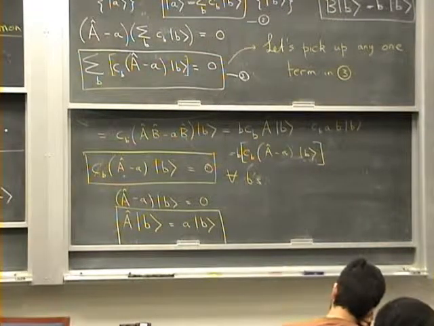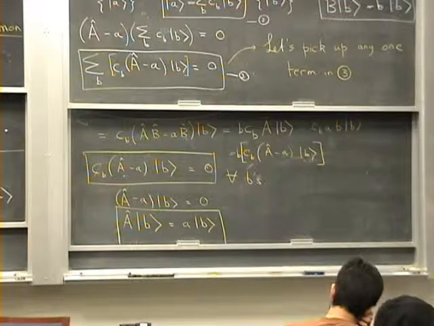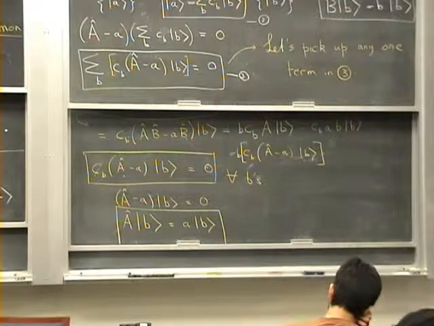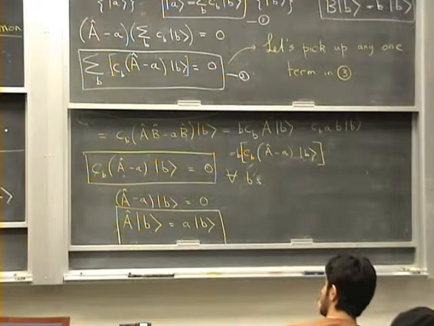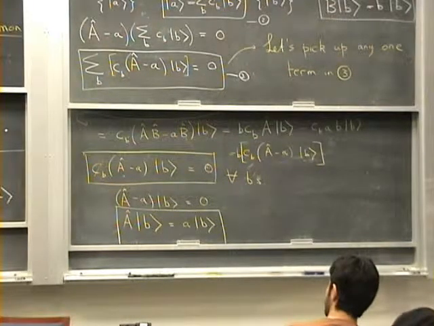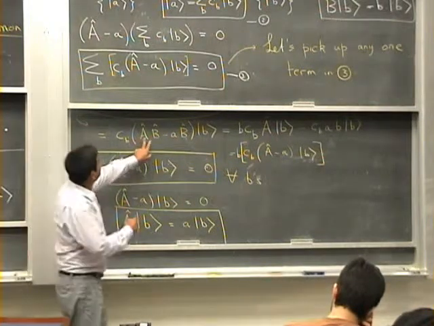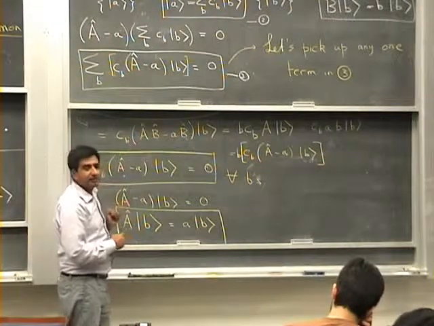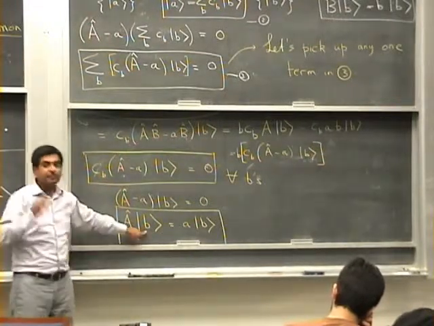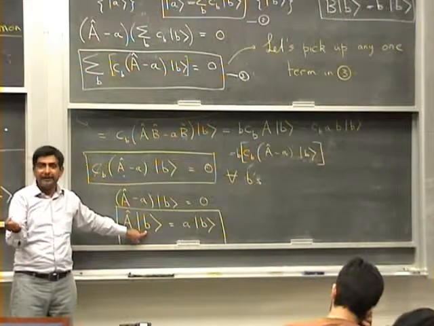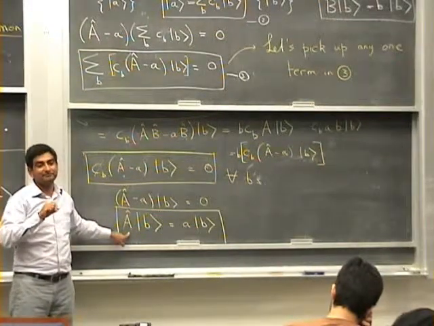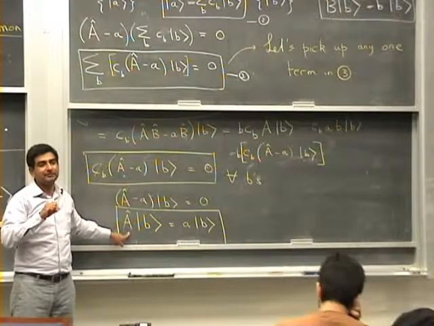You started off by having the eigenstate |a⟩ of operator A, which means operator A acts on the state |a⟩ to give me back the state |a⟩ with an eigenvalue small a. Okay? You started off with this result. Now you prove that if A commutes with B, that is, I can do this reordering here, then what happens is that this |b⟩ is also an eigenstate of A. Right?